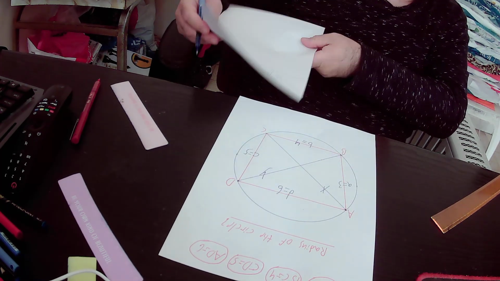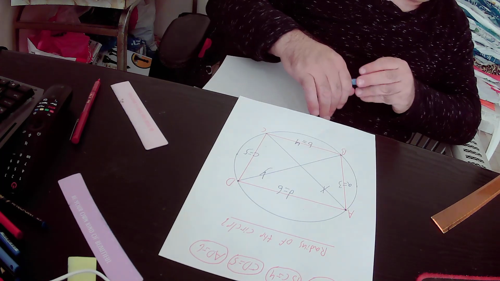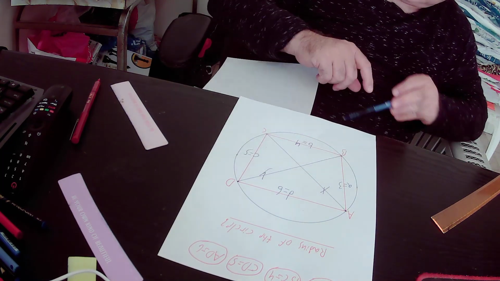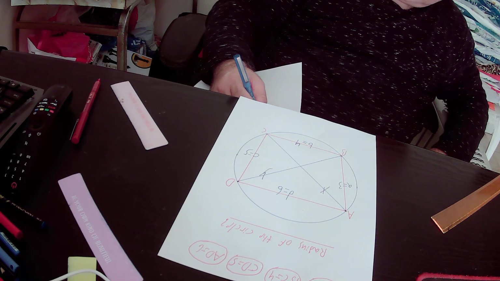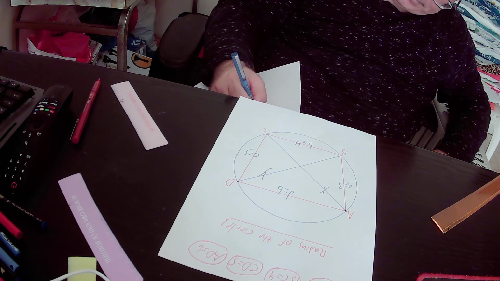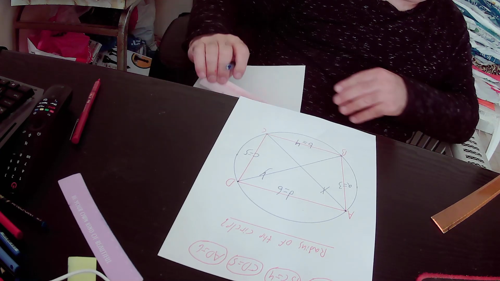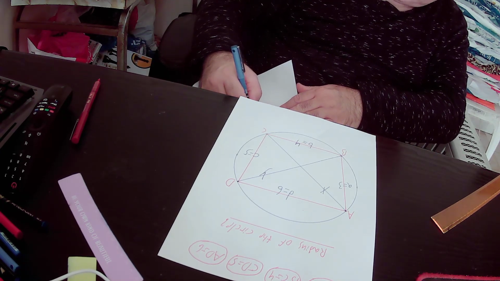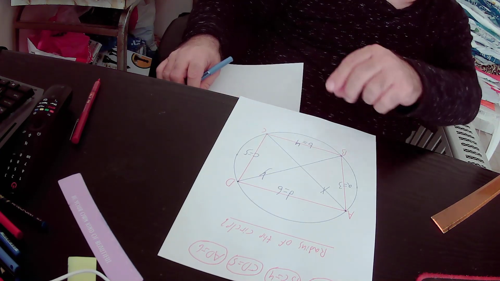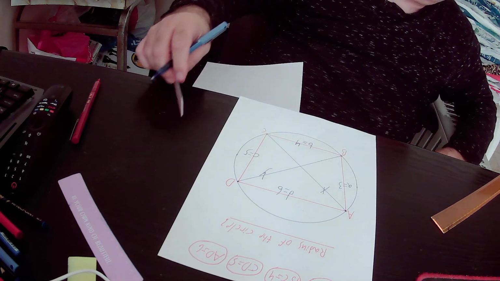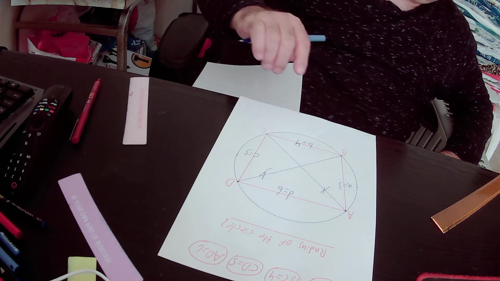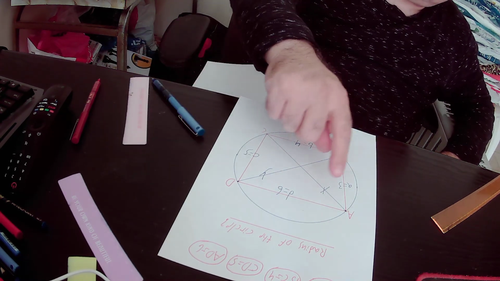so in the next step we will focus on this triangle BDC. Actually, this triangle BDC is described by this blue circle.